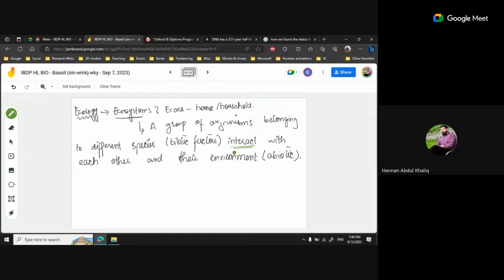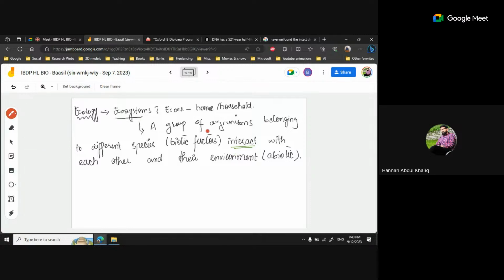Like how many interactions are existing and how many organisms are following the interaction. That would be the quantity, and the first one would be the quality.